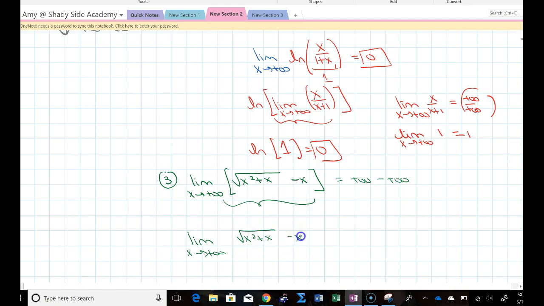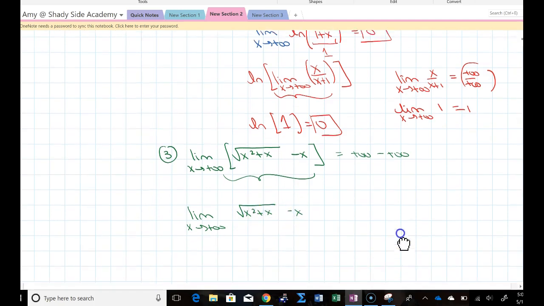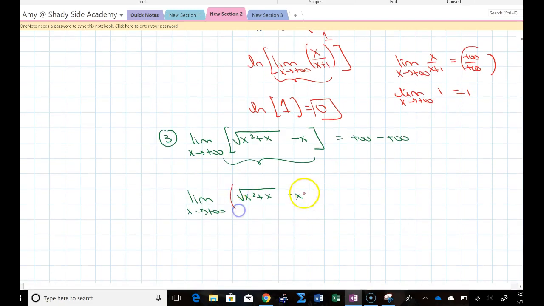It is this. We're going to multiply by 1. Multiply this entire limit, okay, by 1 in the form of the conjugate of the radical expression. So the square root of x squared plus x plus x all over the square root of x squared plus x plus x, right? This is just the number 1.